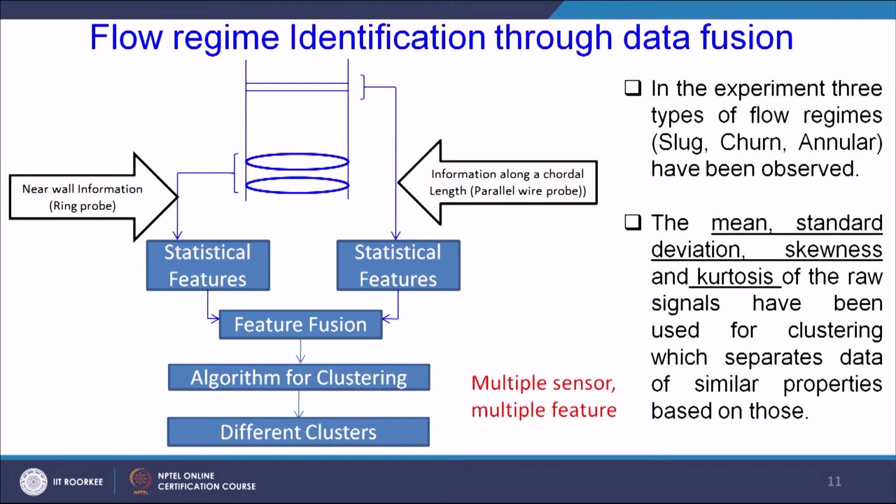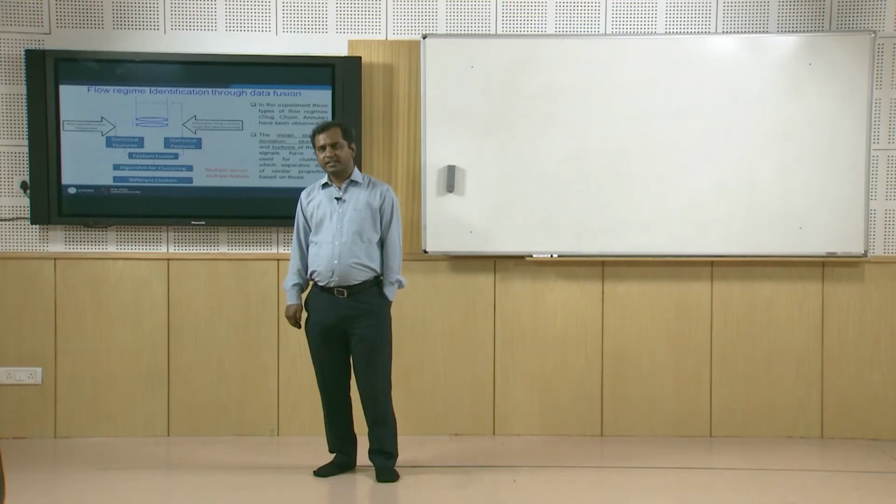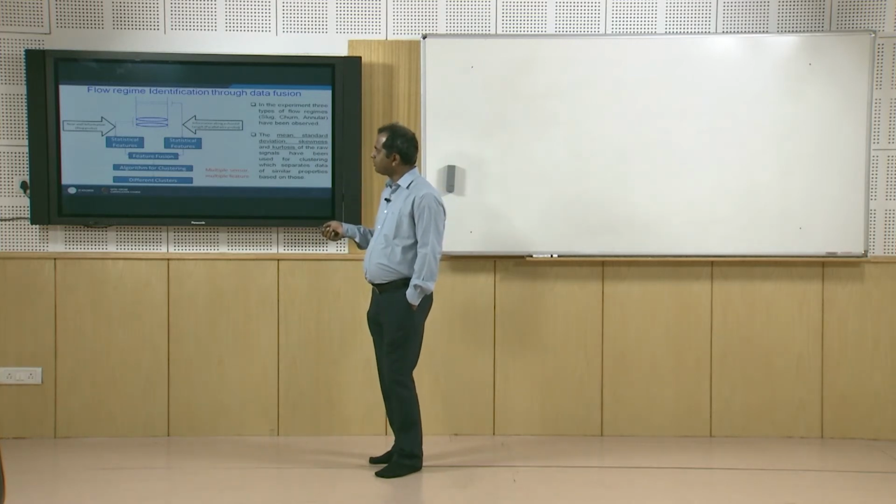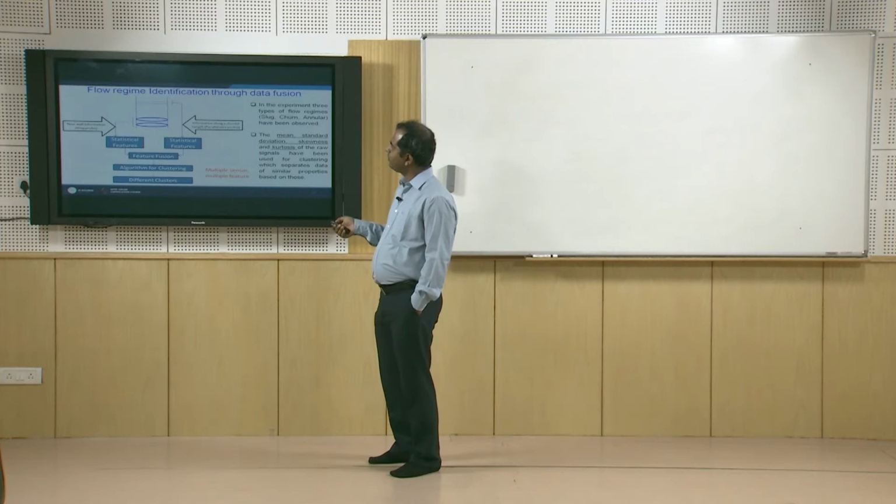Here we have shown an example of multiple probes and multiple features. This is a statistical feature from the ring probe, and this is a statistical feature from the parallel wire probe.